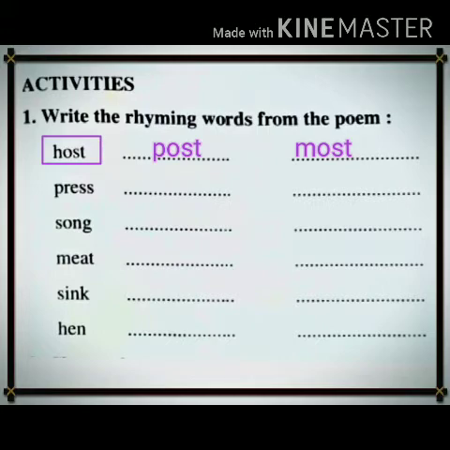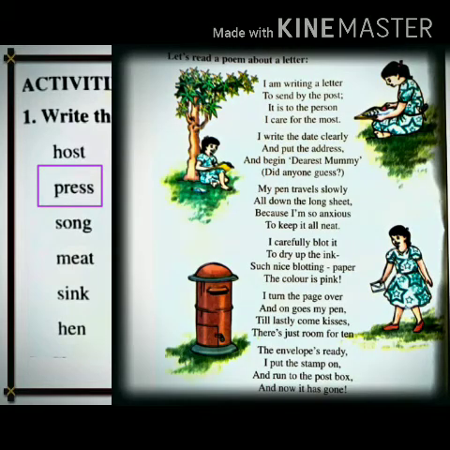Okay, students? Next word is press. Let's find its rhyming words from the poem. Let's read the second stanza. I write the date clearly and put the address. Now notice this word, address. Press, address. So address is the first rhyming word for press.